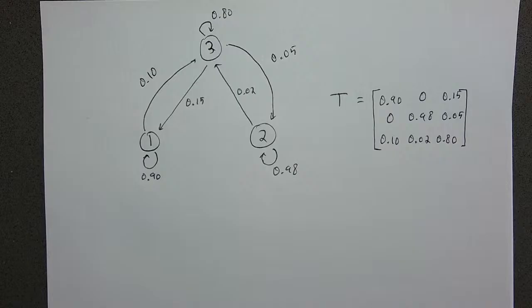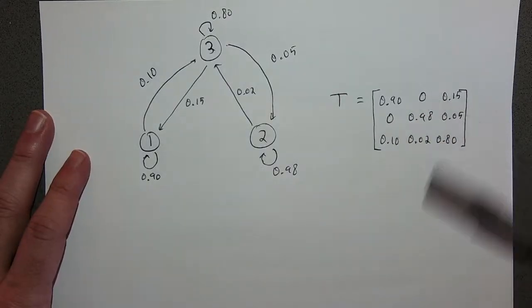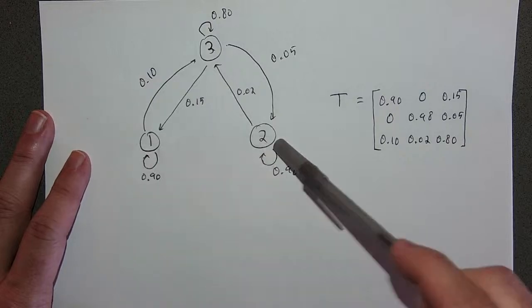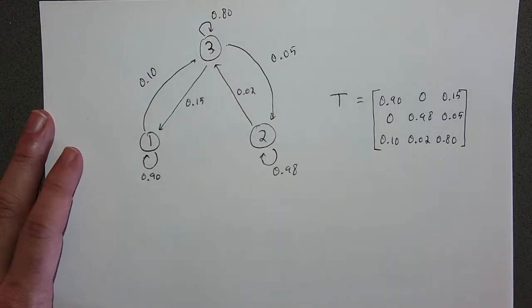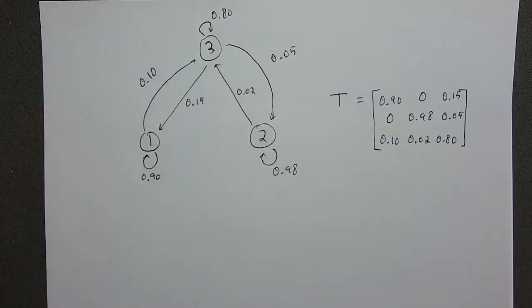Okay, so now we have an example where our matrix T has zeros in these entries, which indicates that I cannot get from state 1 to 2 in one step. I can't go from 2 to 1 in one step either.